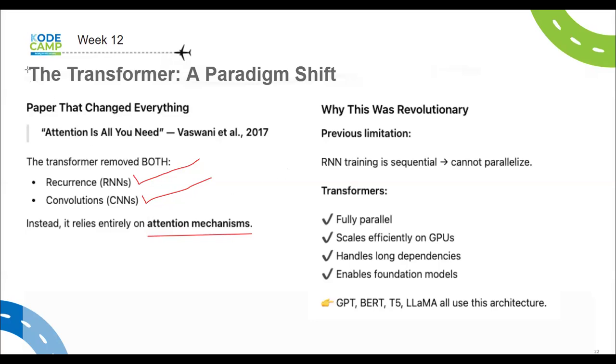So the transformer became the new architecture. And we're going to talk about the architecture. The transformer architecture basically only uses the attention mechanism, right? Along with the fully connected networks.